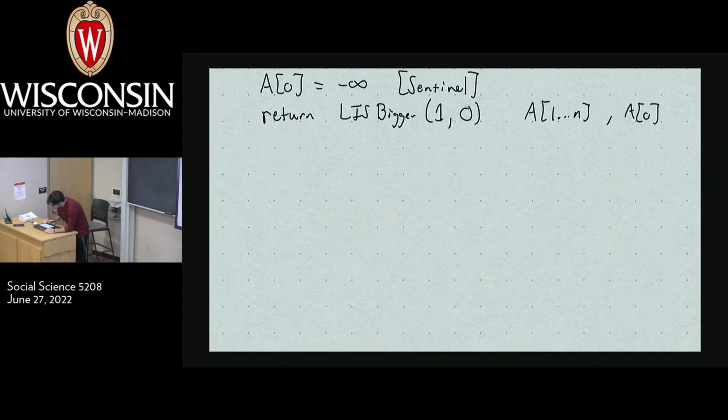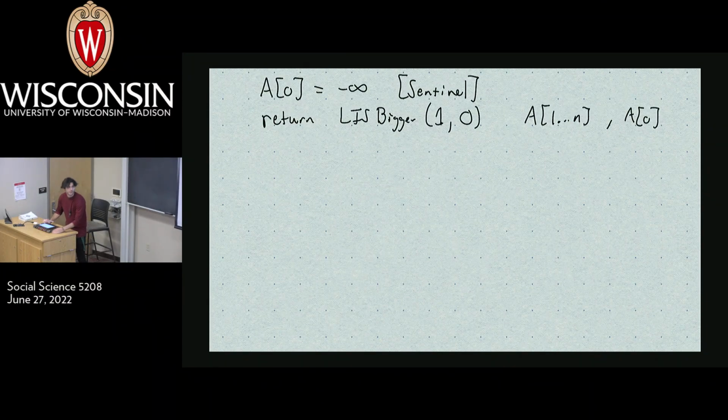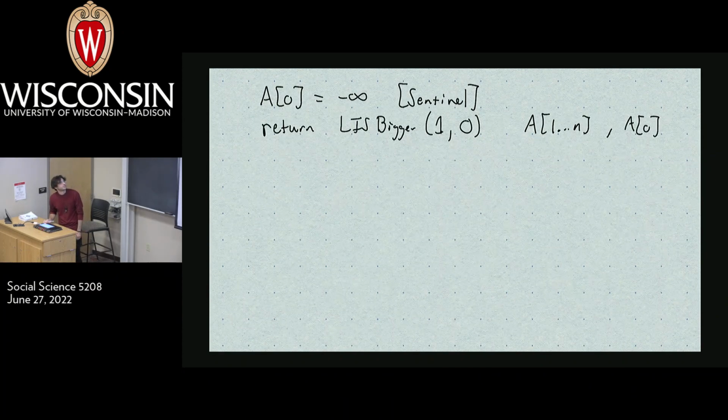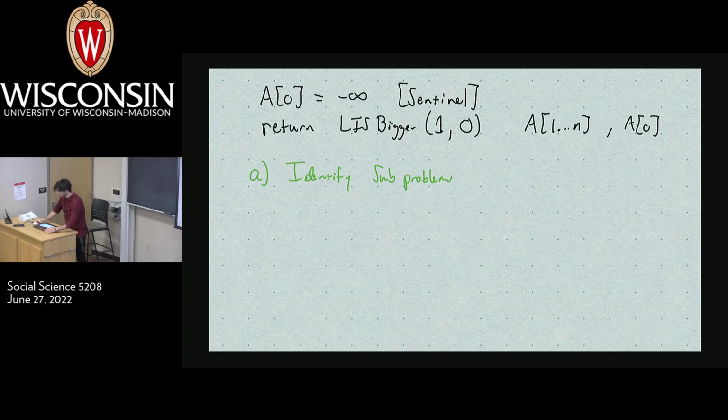So now we need to do all the steps of dynamic programming. I'm going to ignore the proof of correctness because I did that in the video really rigorously for no reason. So what's the first thing we need to do? We need to identify the subproblems. That's part A. In other words, how many possible inputs could we have to our recursive function?